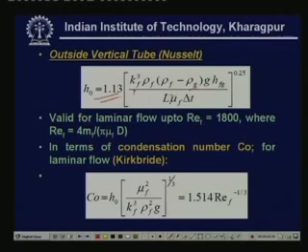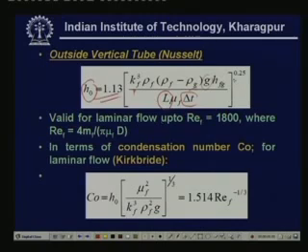And here L is the height of the vertical tube, and again delta T is the temperature difference, g is the acceleration due to gravity, hfg is the latent heat of vaporization. If you compare a horizontal and vertical tube and the expressions, you find that the heat transfer coefficient for a vertical tube, if everything else is remaining constant, will be larger compared to a horizontal tube, because condensate can drain out better in case of a vertical surface. So, you get a higher heat transfer coefficient here.